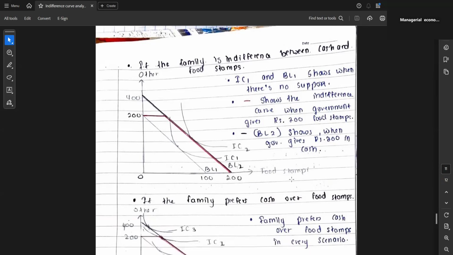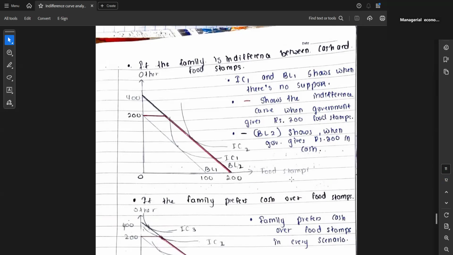So in the first case, where the consumer is indifferent between the two products, in the second policy, now the consumer gains 200 worth of food stamps.